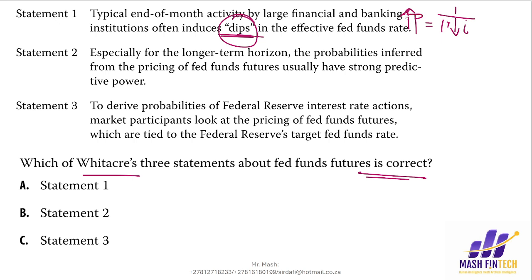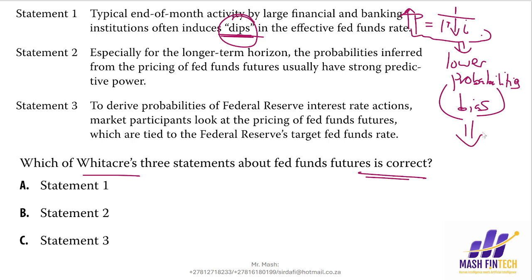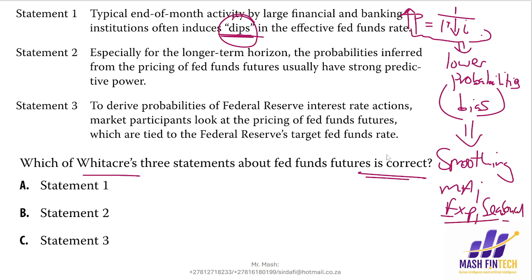So it will result in an increase in prices, and this results in lower implied probabilities, and it will introduce bias. To deal with this bias, data providers are going to use smoothing techniques like moving average or exponential smoothing or seasonality. Okay, so the first one is definitely correct, resulting in a dip.